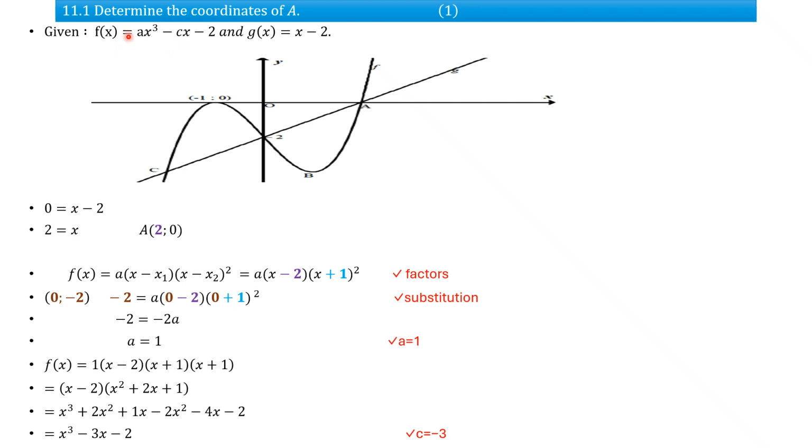Because we have two x-intercepts and not the third one, you see it's only making contact there at A. No third one is given, so we use the equation f of x equals a(x minus x1)(x minus x2) squared. The squared is for the x-intercept that is also a stationary point, meaning the graph is turning there.